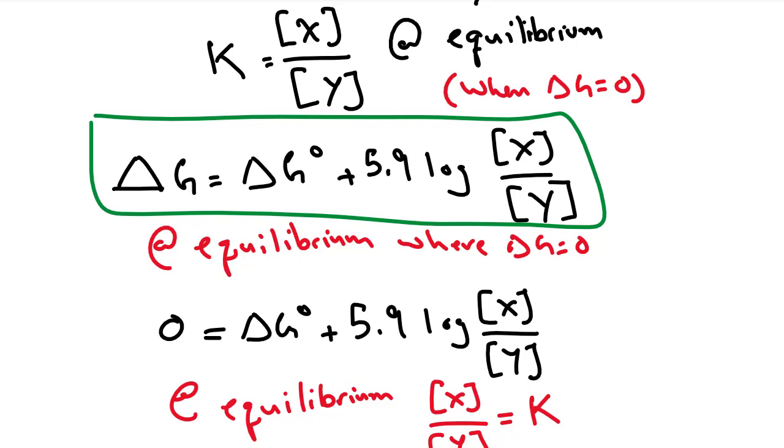Delta G standard and the equilibrium constant tell you whether this reaction is favorable or unfavorable, meaning that at equilibrium, do you have more product than reactant, or more reactant than product?